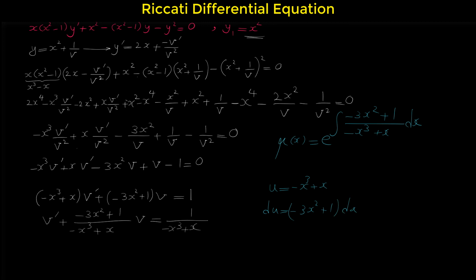So this integral becomes the integral of du over u, which is ln of u. And don't forget u is this. And e to the ln of any expression equals the same expression, equals u. And u is negative x^3 plus x. So finally, the integrating factor is simply negative x^3 plus x.